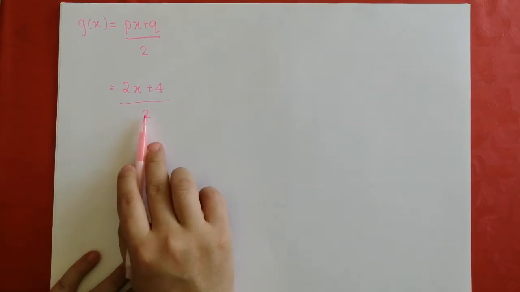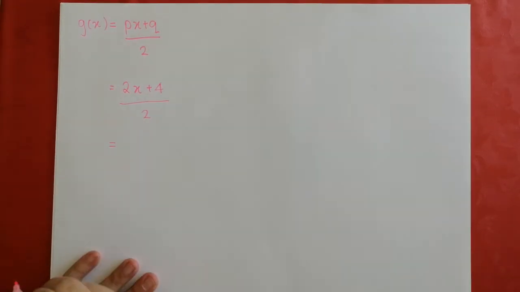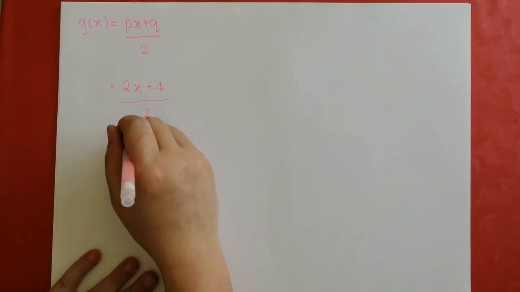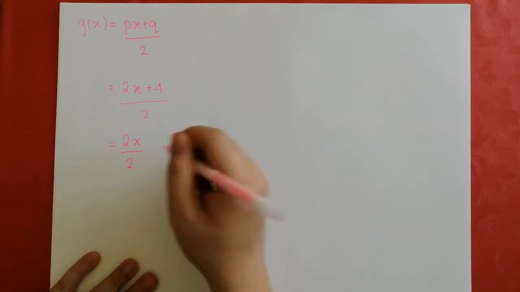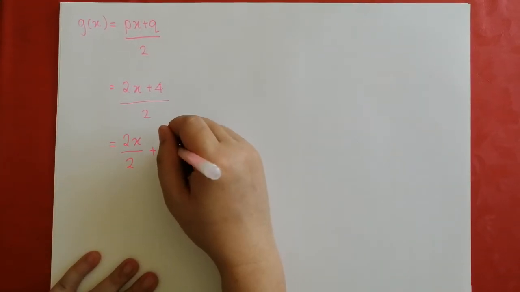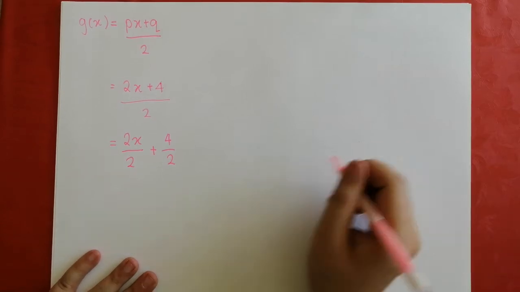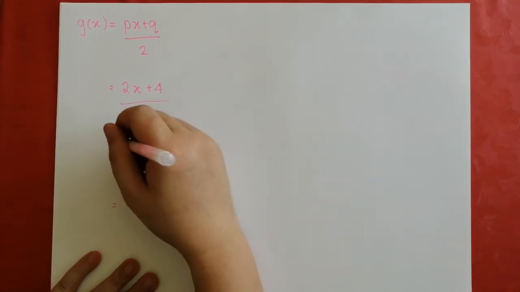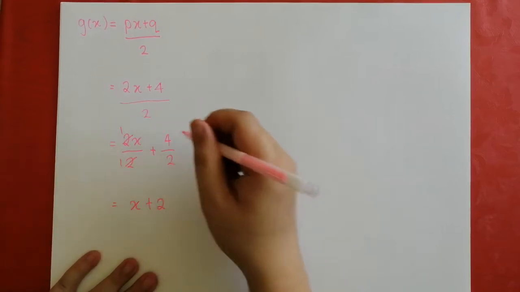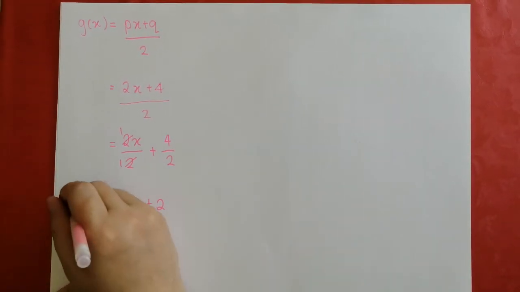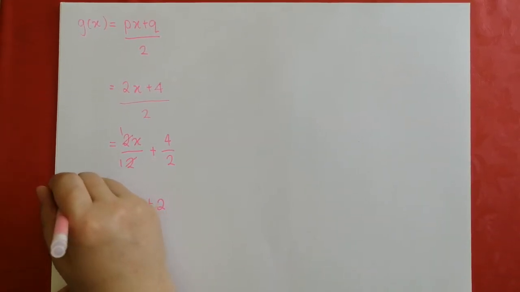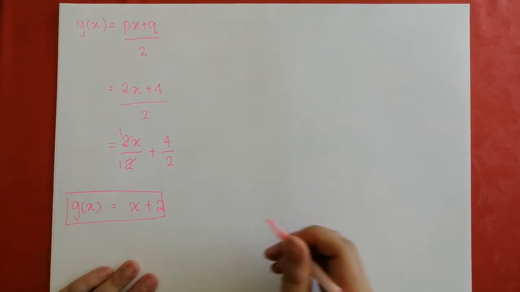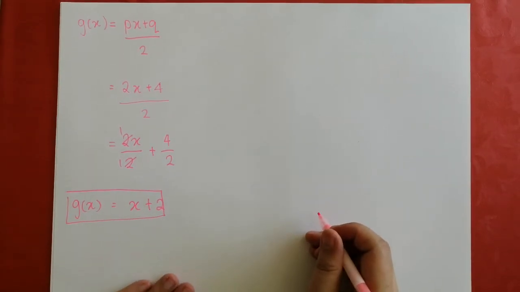Since both of them share the same denominator, you can break it up into two fractions. So you get 2x over 2 plus 4 over 2. Simplify that, therefore you have x plus 2. 2 divided by 2 is 1, 4 divided by 2 is 2. Therefore, that will be your function g, your g of x.